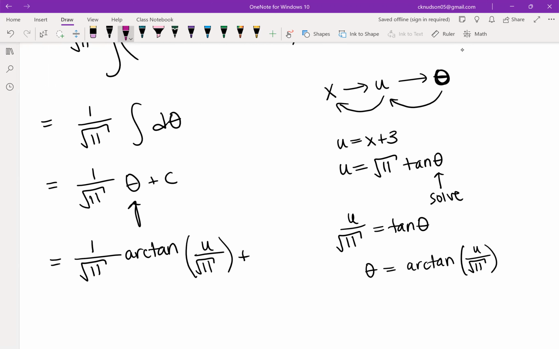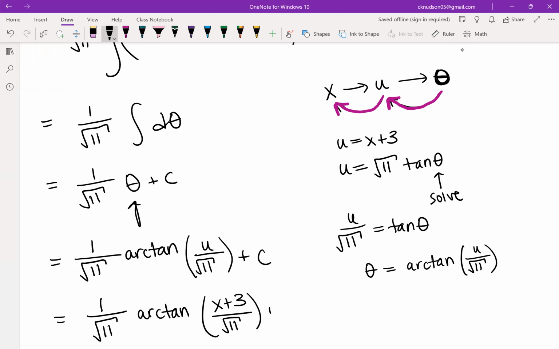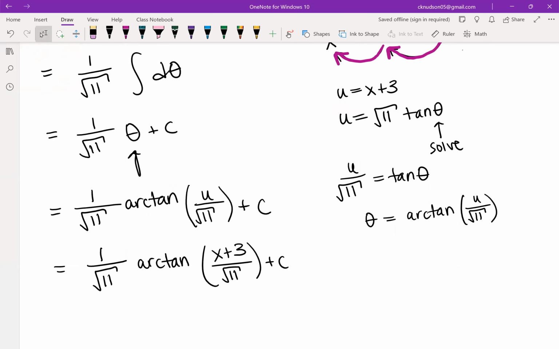So now we have completed going from theta to u, and now we take the step to go from u back to x. U was equal to x plus 3, so wherever we see a u, we're going to sub in x plus 3. So we have 1 over the square root of 11, arctan of x plus 3 over the square root of 11 plus our constant. And now we can see we are back in terms of x, so we're done.